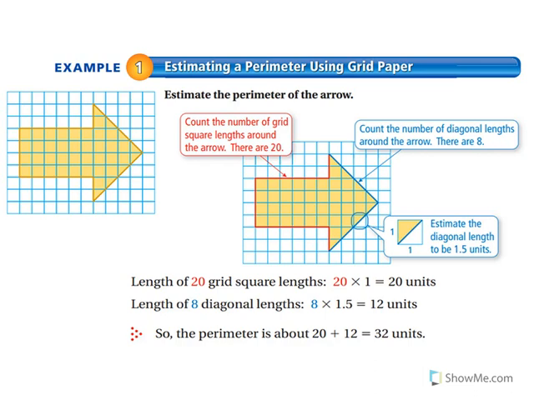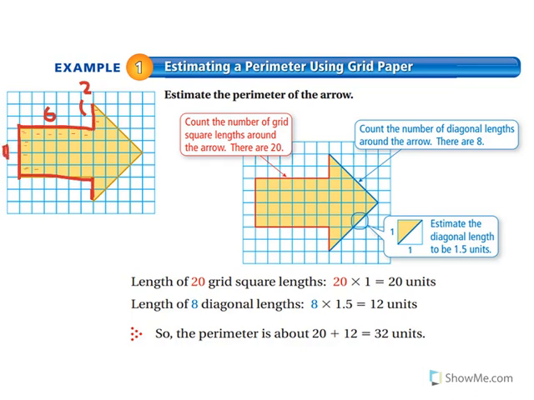So the first thing we're going to do is look at our straight edges. If we look at the parts I'm making red here, I'm going to highlight all of our very easy to use straight edges. I can see I have 1, 2, 3, 4, 5, 6 units. I have 1, 2 units. I have 1, 2, 3, 4 units.